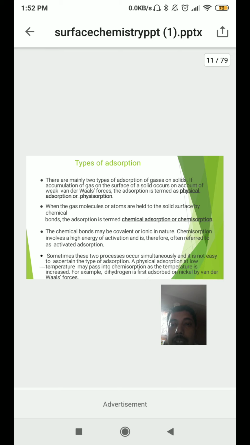And the second one is when the gas molecules or atoms are held to the solid surface by a chemical bond. So what happens, there will be a bond on the surface. Because of chemical bonding, the gas molecules get accumulated on the surface, and that kind of adsorption is known as chemisorption. The chemical bonds may be covalent or ionic in nature, and chemisorption always involves a high energy of activation, and is therefore often referred to as activated adsorption. All right, sometimes these two processes occur simultaneously.